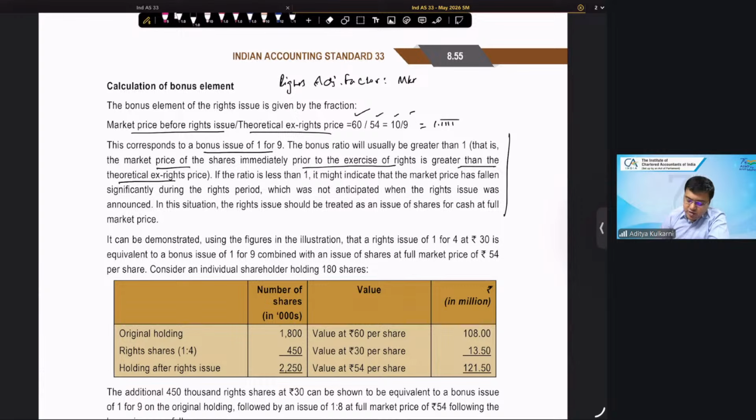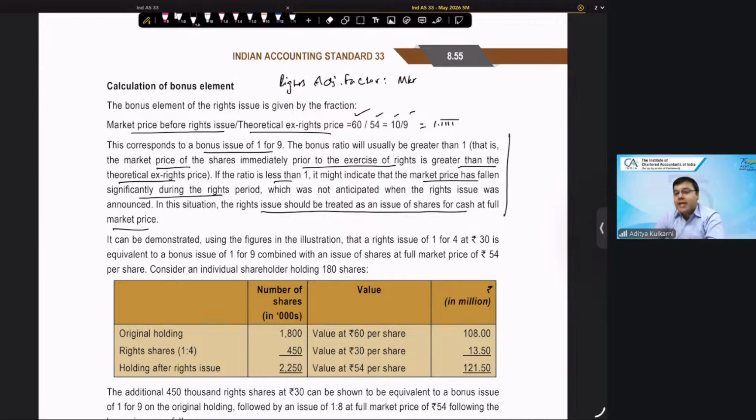If this ratio is less than 1, it might indicate that market price has fallen significantly during the rights period. And in such a case, rights issue should be treated as an issue of shares at full market price. So if this rights adjustment factor comes to below 1, there is no bonus component involved. You have to treat it as fully at market price.